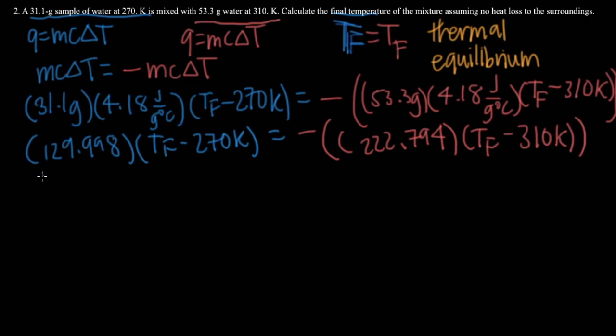So simplifying this even more gives us 129.998 times final temperature minus 270 Kelvin times 129.998, which is 35,099.46.